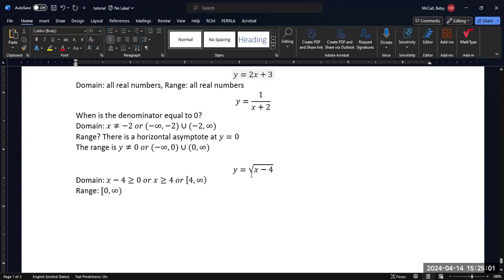And if you graph these functions, you'll see that there are no values for this function below the y-axis, and the graph starts at 4 and then goes to the right. It doesn't go to the left on the graph. And so you can fall back on your graphing strategies to help you figure out what is going on with these functions.